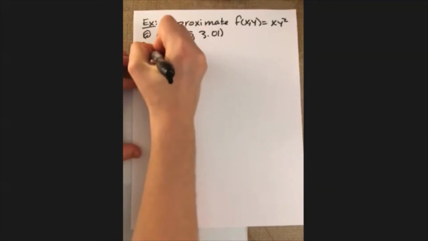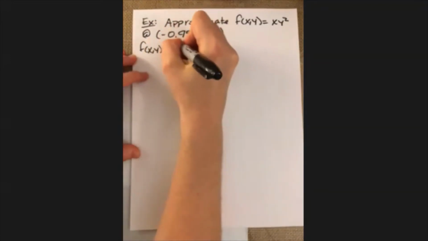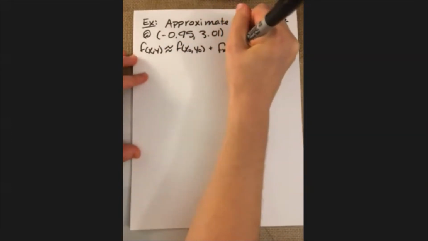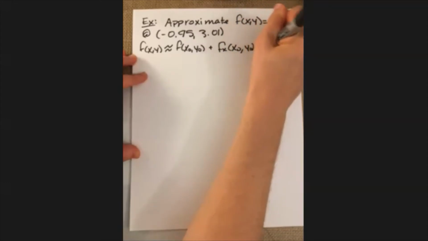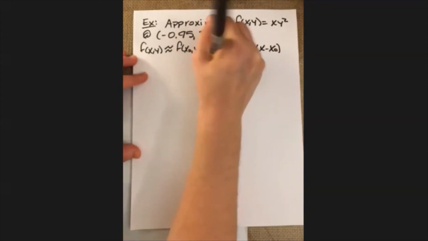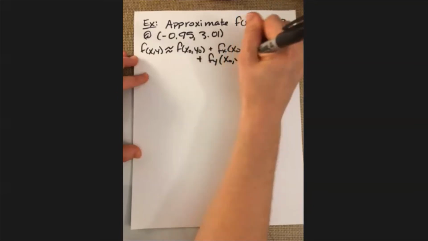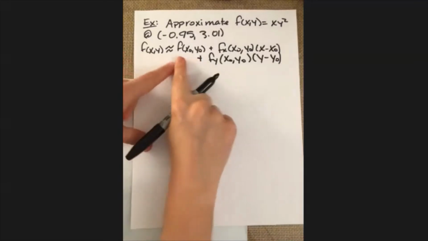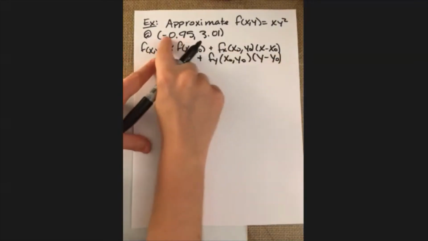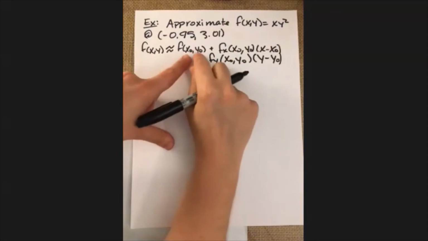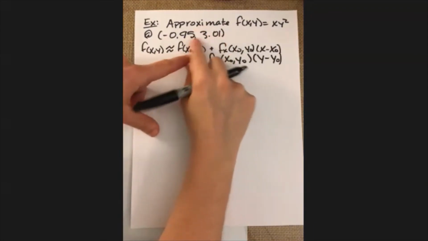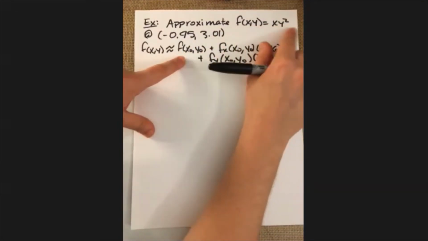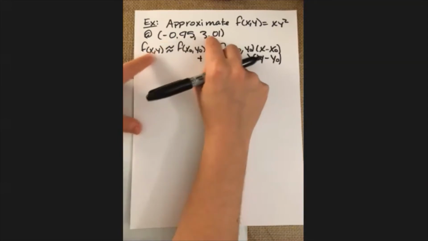So we're going to use the equation f of x, y is approximately equal to f at x naught, y naught, plus the partial derivative with respect to x at x naught, y naught, times x minus x naught, and then plus the partial derivative with respect to y at x naught, y naught, times y minus y naught.